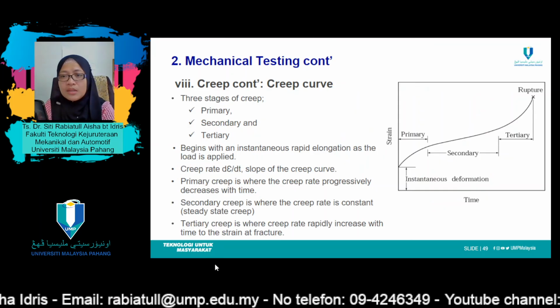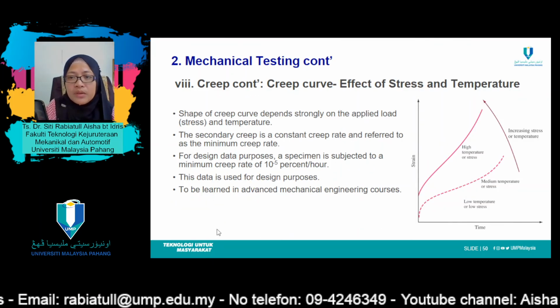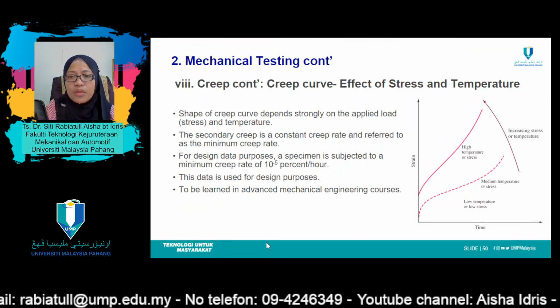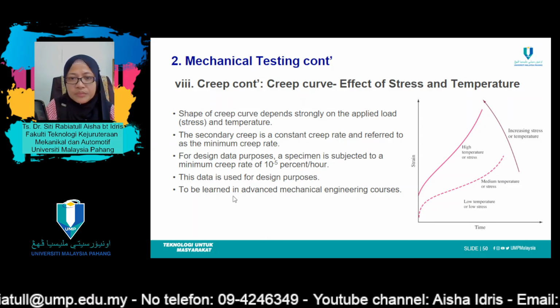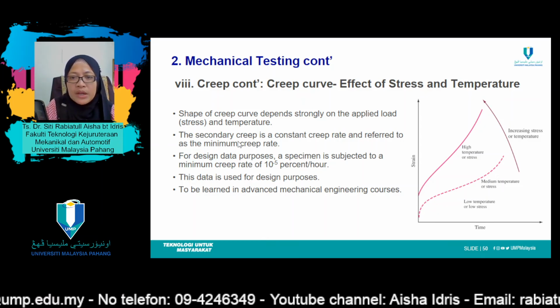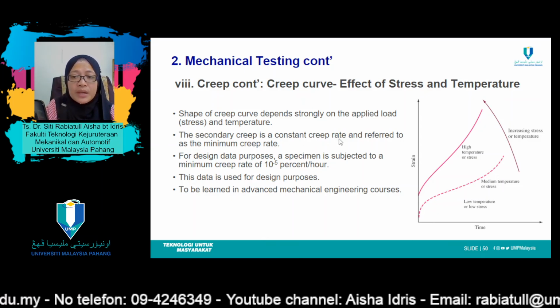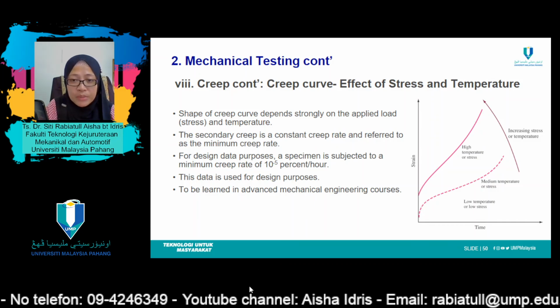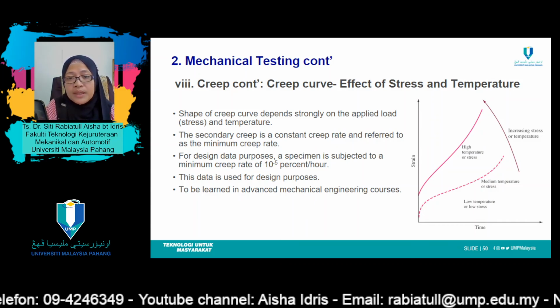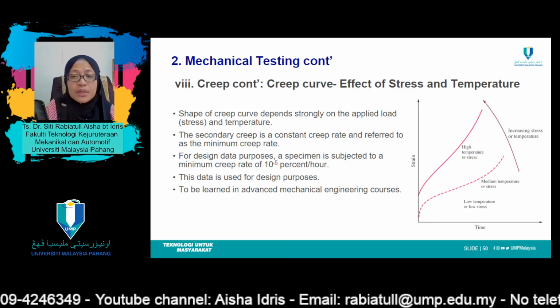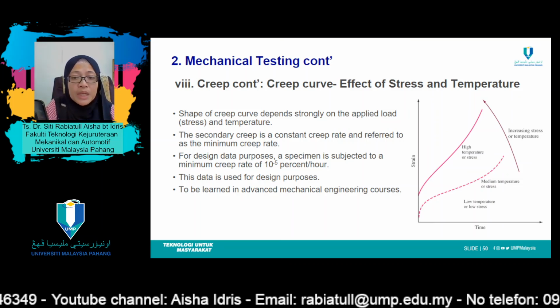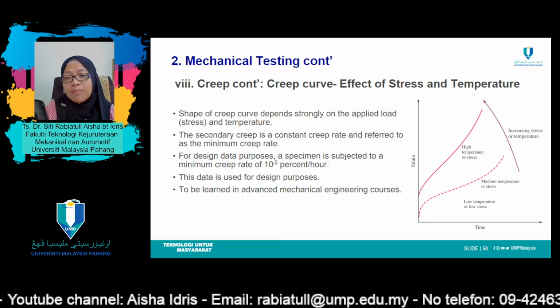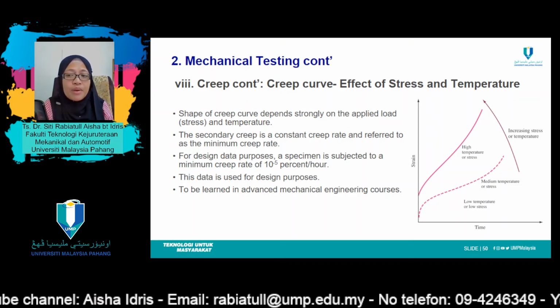Other than that, this creep curve may also be affected by temperature. The secondary creep is a constant creep rate and is referred to as the minimum creep rate. For design data purposes, a specimen is subjected to a minimum creep rate of 10 to the power of -5% per hour.